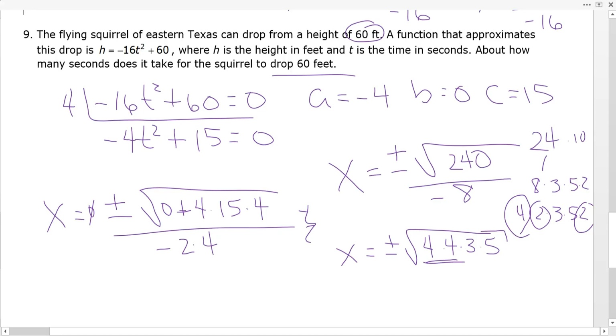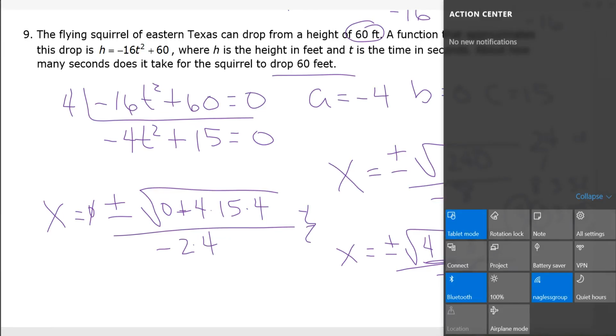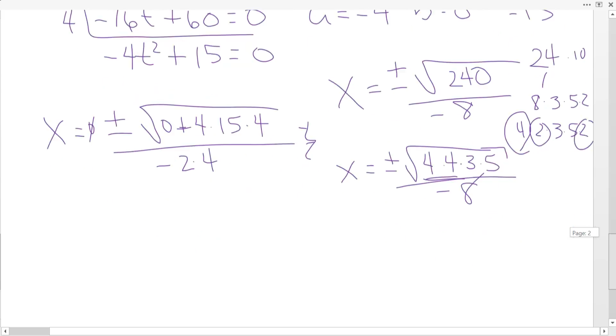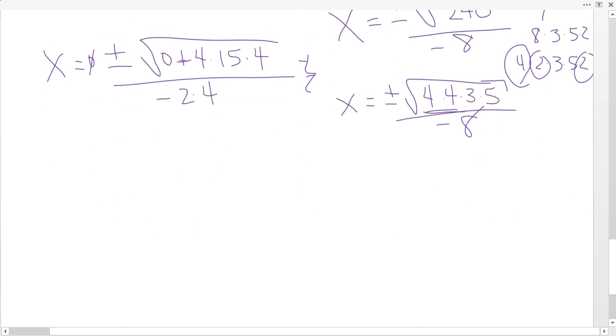So I can take the square root of those, divided by negative 8. And I end up with x equals plus or minus 4 times the square root of 15 over negative 8.